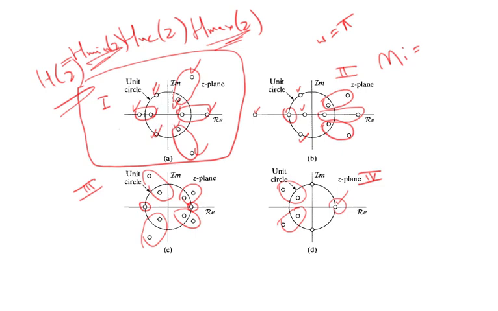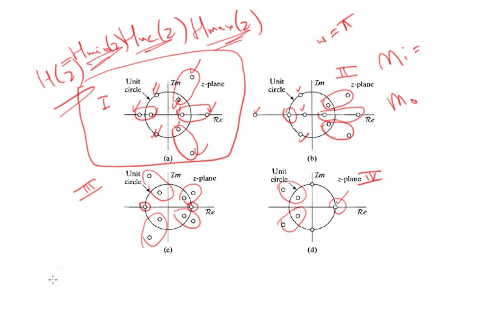This minimum phase system has 4 zeros. Their corresponding conjugate reciprocal zeros are also 4 in numbers, 1, 2, 3, 4. So Mi represents the number of zeros in minimum phase system or number of zeros in maximum phase systems, whereas M0 represents the number of zeros on unit circle.